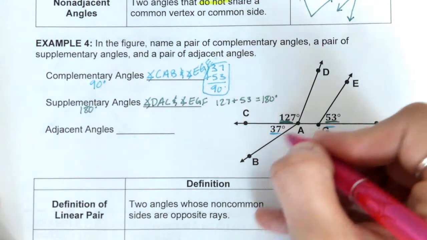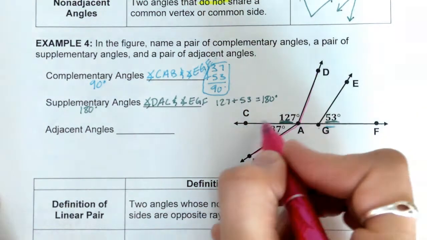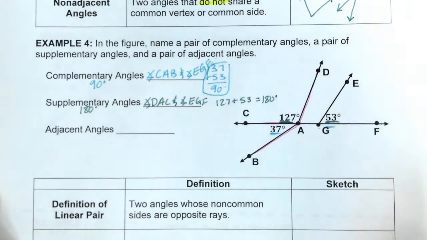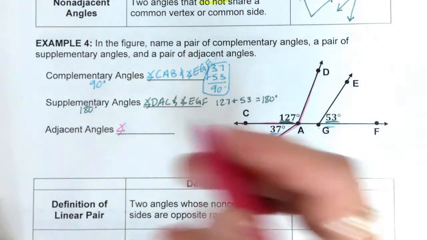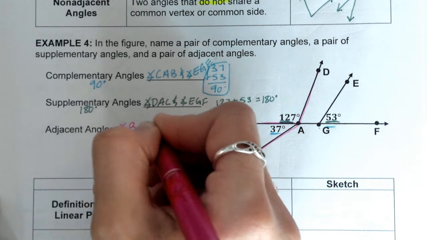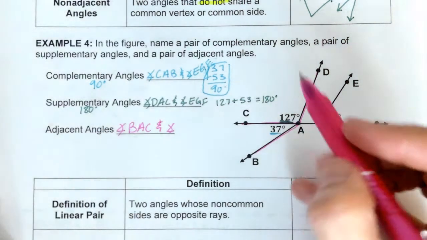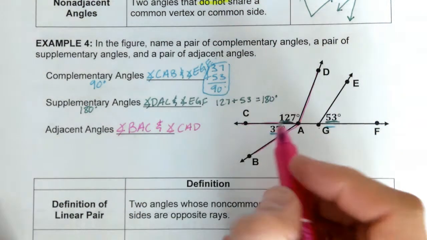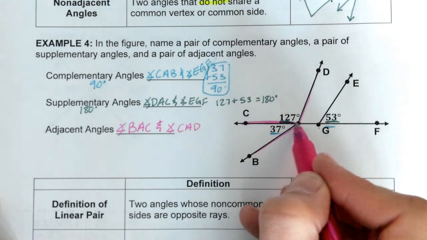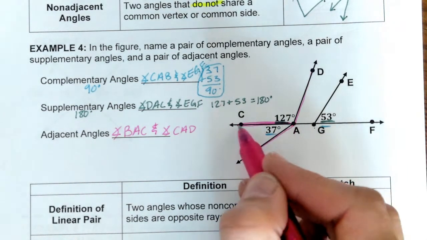Okay, we'll go ahead and look at right here. We're going to be sharing this side, ray AC. So we can have angle BAC and angle CAD. And notice that shared wall between the classrooms, the shared side, is ray AC.